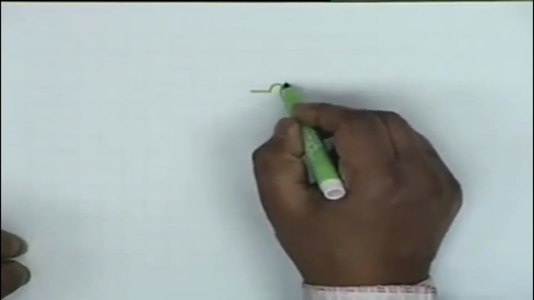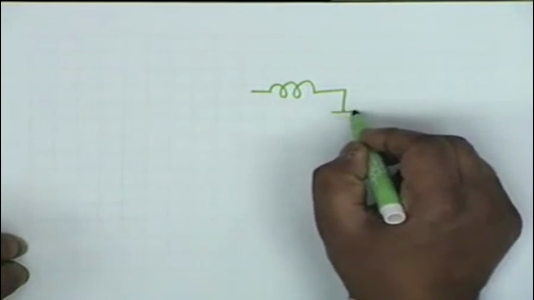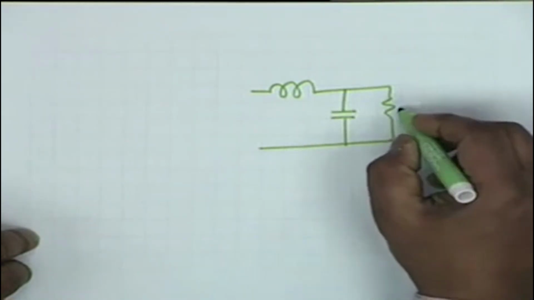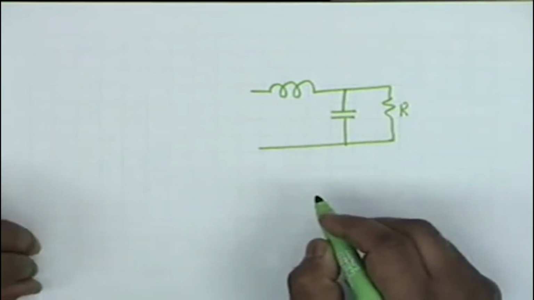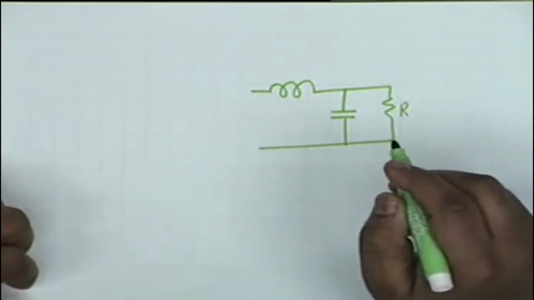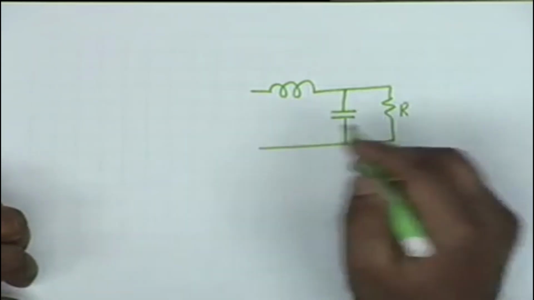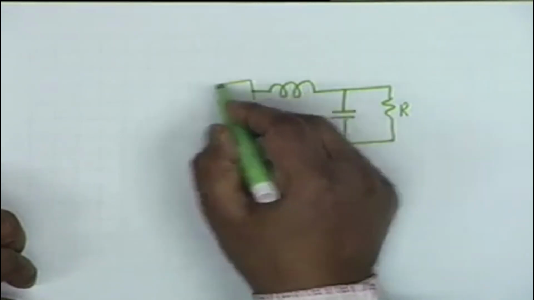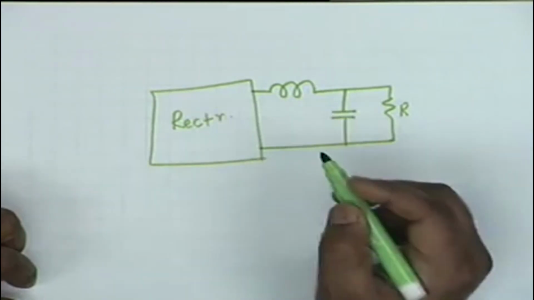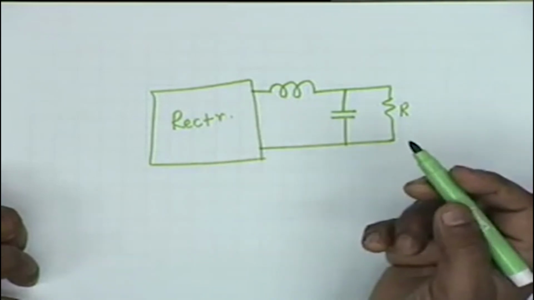Alright, let's consider the LC filter, LC and R. This resistance R is the load. It could be a transistor circuit, for example, for which you have the power supply. So what we have is the transformer rectifier combination.